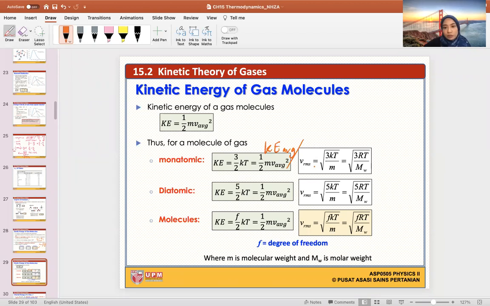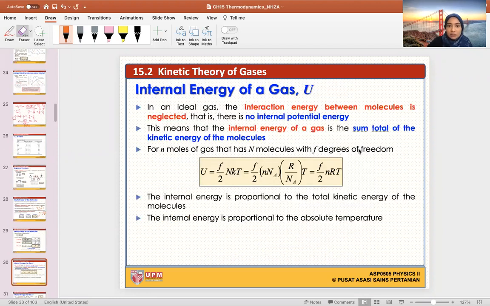It's for molecule. If I say molecule, it can mean atom or it can mean particle. Okay, so monatomic, 3 over 2 kT, diatomic, 5 over 2 kT, molecules, in general, F over 2 kT. And of course, it affects the VRMS, which is this guy over here. We talked about it. Okay, so I hope that's okay with everyone. So this is kinetic energy of gas.